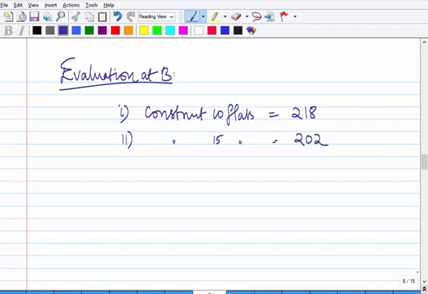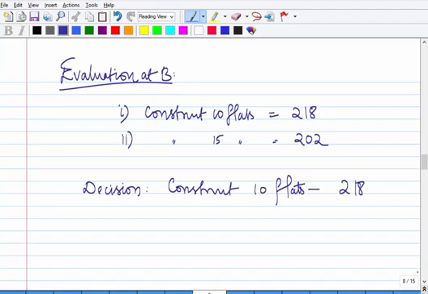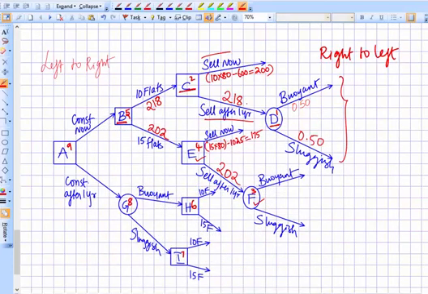So now you have to go with the highest, and the decision is construct 10 flats, so that you get a net benefit of 218. So let's go back to the diagram, indicate that you have to construct 10 and you get net benefit of 218. Okay, so we have covered all.